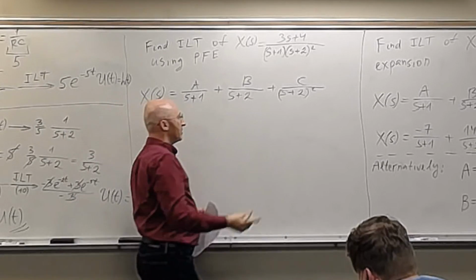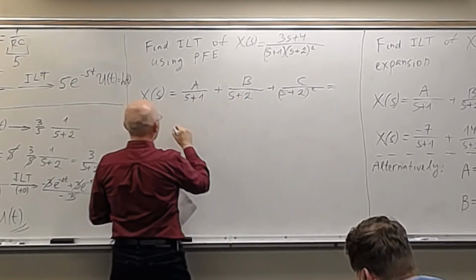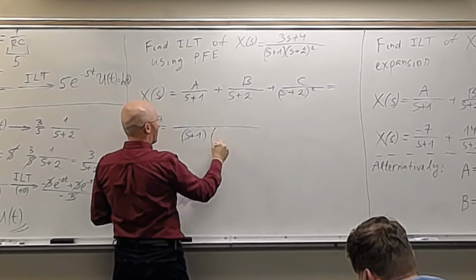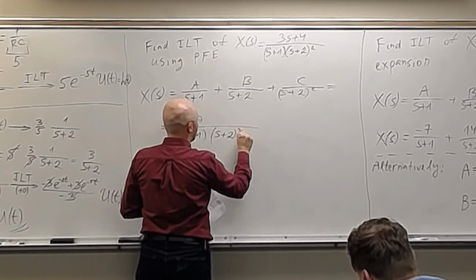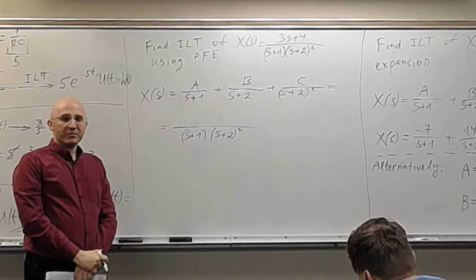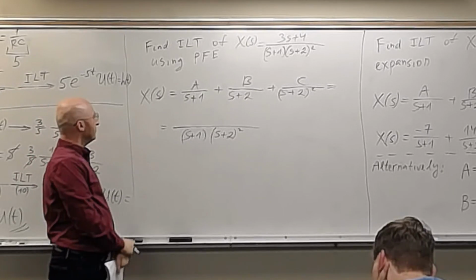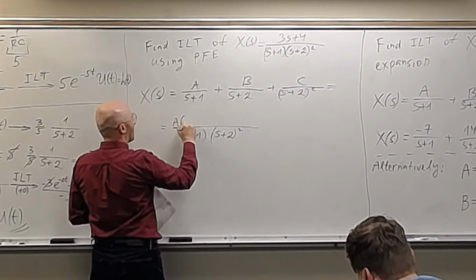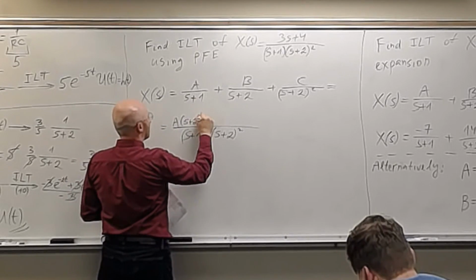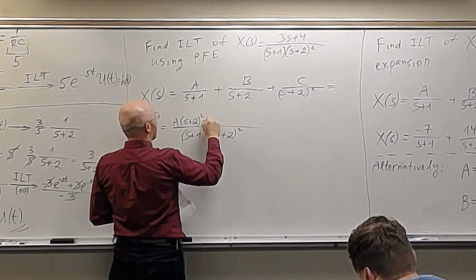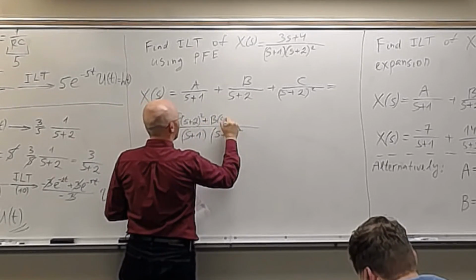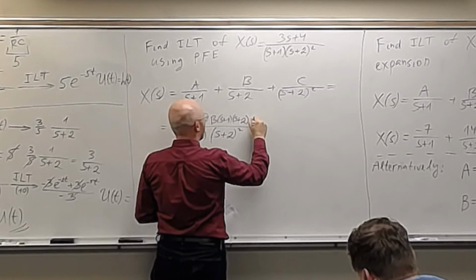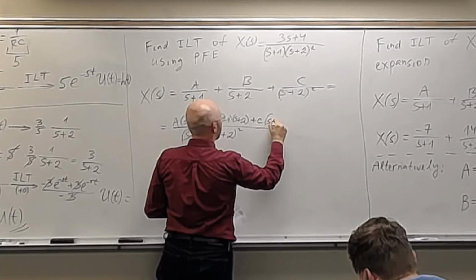Now again, the same thing, common denominator. So here I want to have the same thing, s plus 1 times s plus 2 squared. And here I need to do common denominator. So it's a times s plus 2 squared, plus b times s plus 1 times s plus 2, plus c times s plus 1.